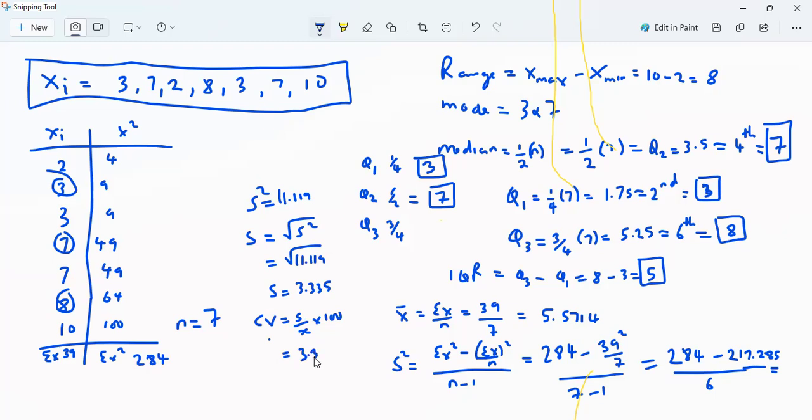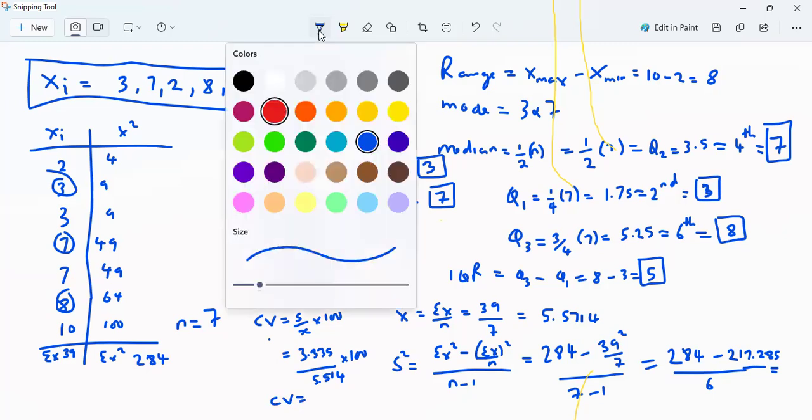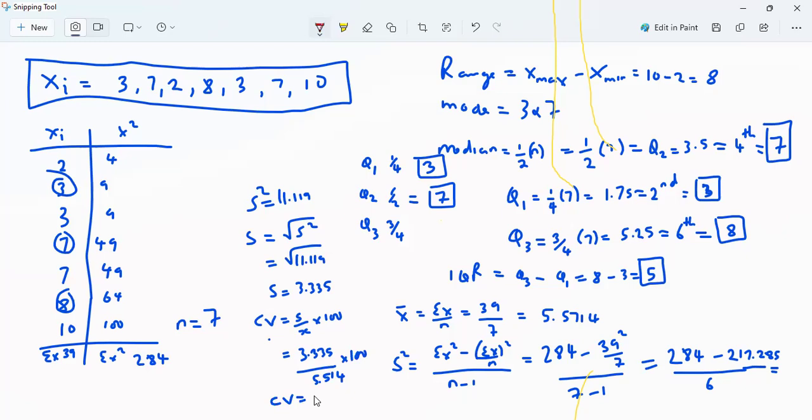And our mean was 5.5714, times 100. What do we get? 59.85 percent.